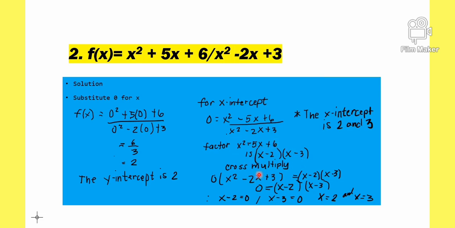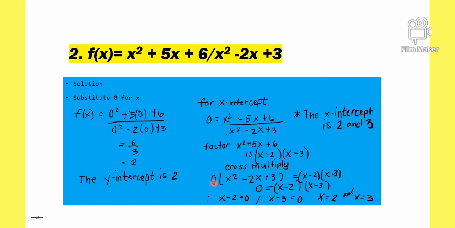So we cross multiply these: 0 multiplied by x squared minus 2x plus 3, and the remaining factors are x plus 2 and x plus 3.